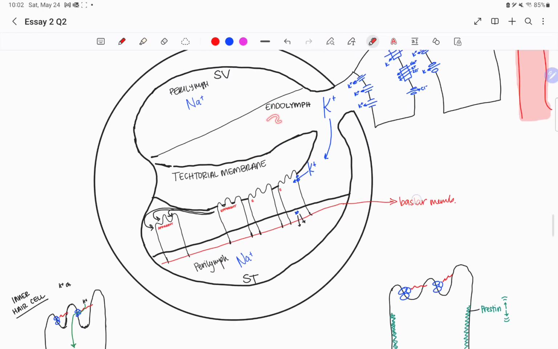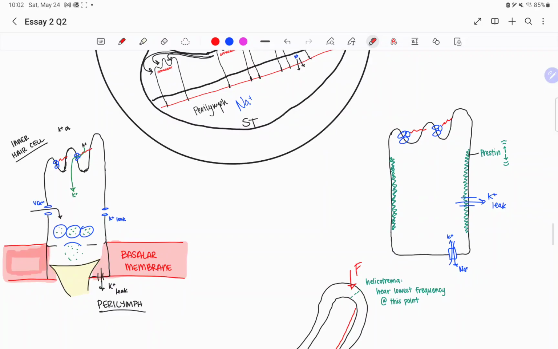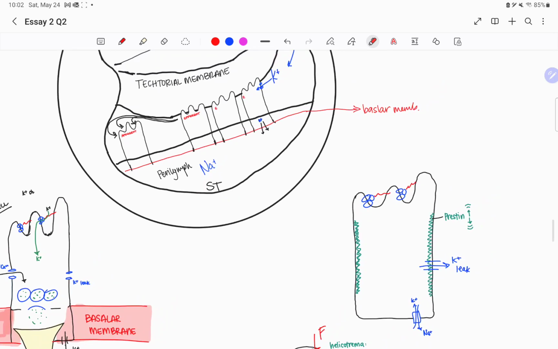And so as this all starts to go up and down like this, it creates these waves, and it pushes on these hairs here on the inner hair cell. And then, like we talked about earlier, this inner hair cell is what talks to the brain. It synapses with the neuron, sending what we hear to the brain.